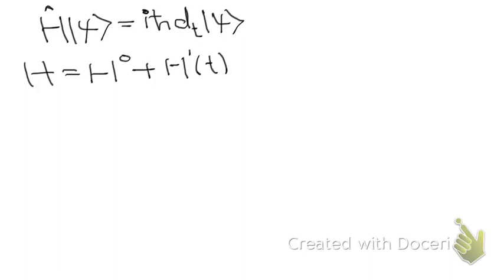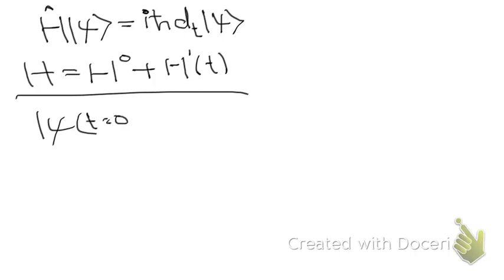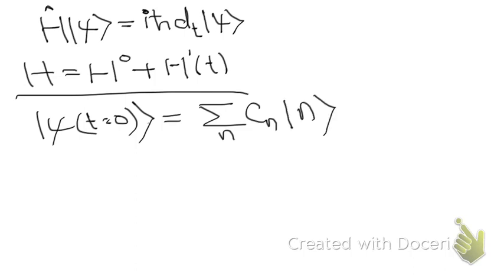Before we turn on the perturbation, our psi at t equal to 0 is this thing over here. So it is the expansion coefficients on my state n.